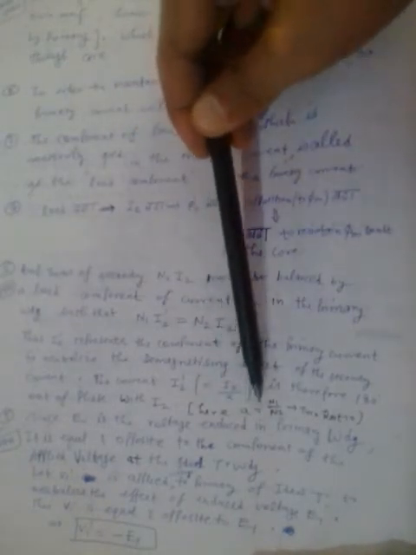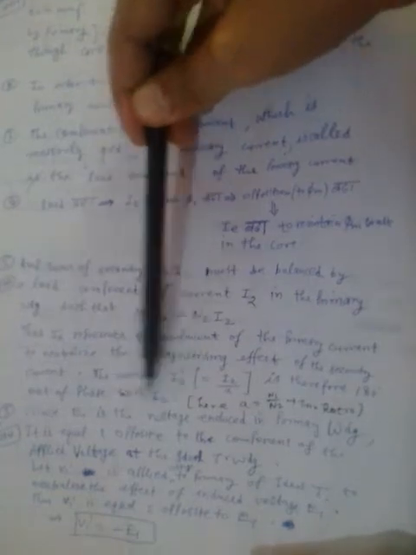Thus I2 dash represents the component of the primary current to neutralize the demagnetizing effect of the secondary current. The current I2 dash, that is I2 by A, where A is the turn ratio N1 by N2, is therefore 180 degrees out of phase with I2, right?